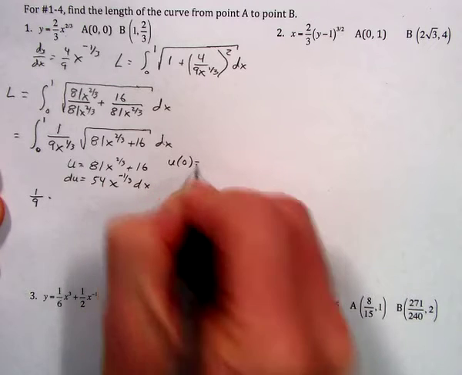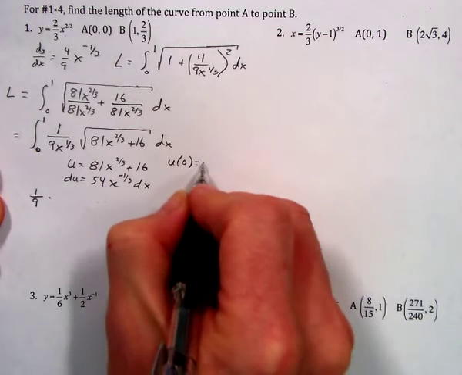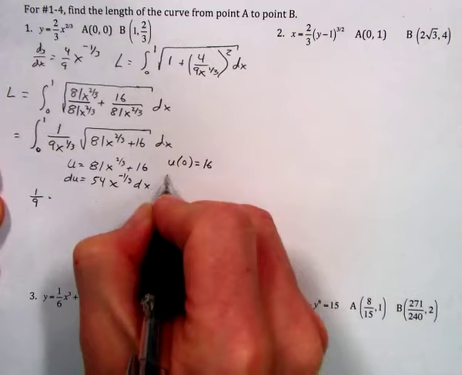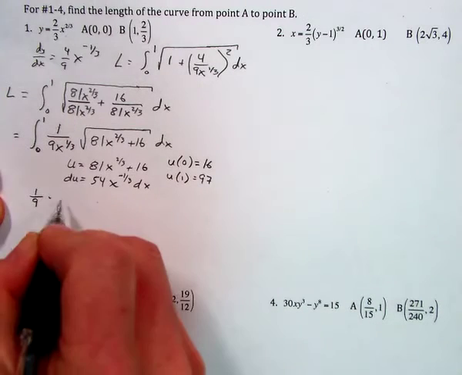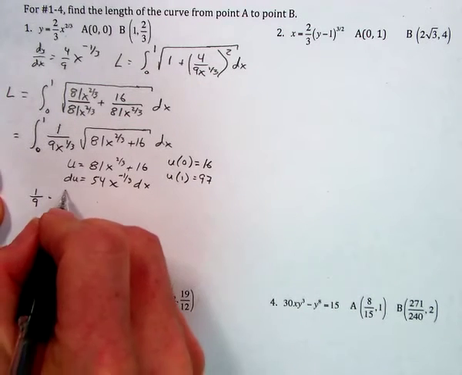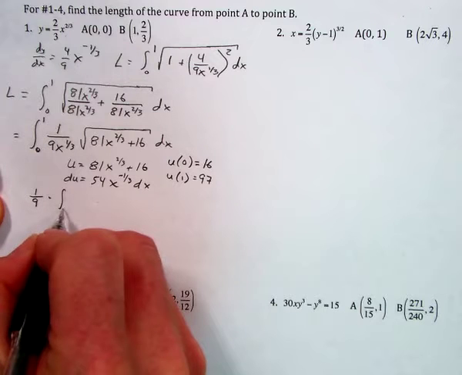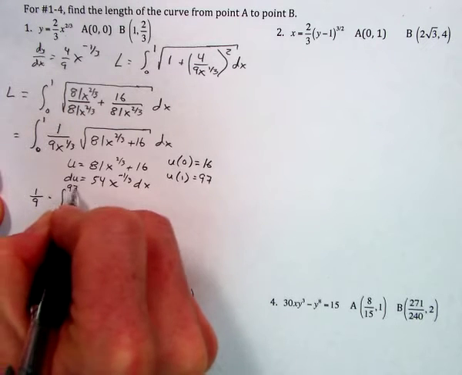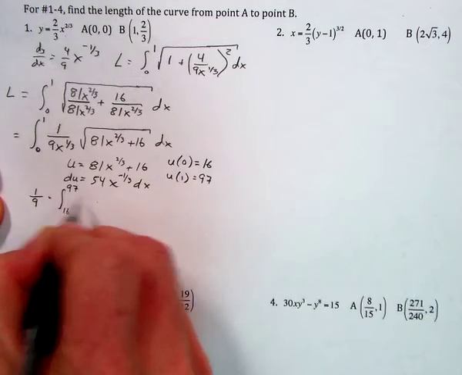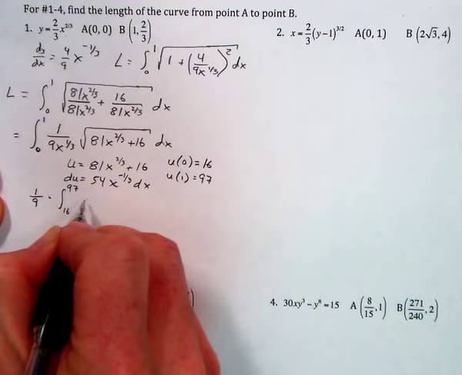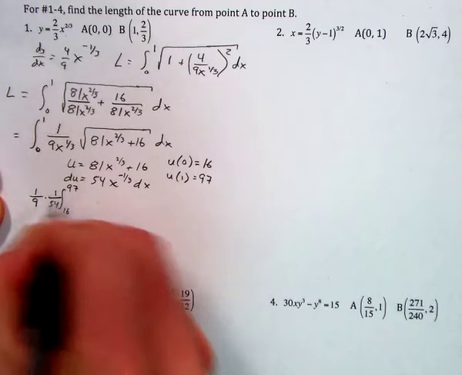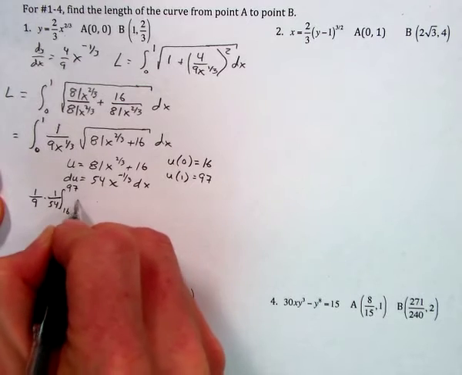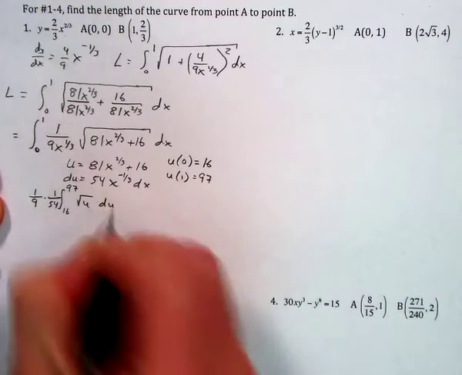If you have a definite integral and you do a substitution, go ahead and just change it immediately. So we'll have from 16 to 97, and I could pull out that 1/54 first, or I'll just do that here, because we're going to have 1 over 54 du, and then we have square root of u du.